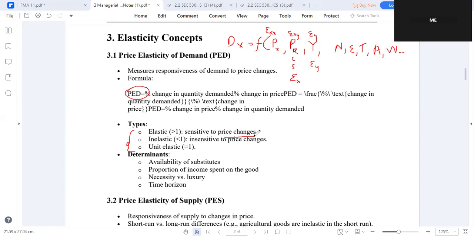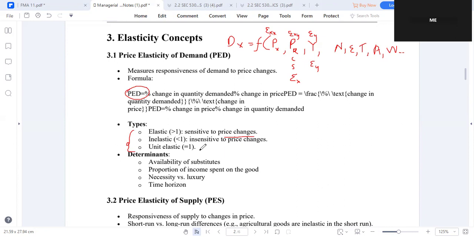Elasticity is a very important managerial concept because it helps, especially when it comes to pricing strategies. I'll try as much as possible to localize this and apply it to a context where you'll be able to really understand how these things are applied. Unit elastic means there is 50-50.